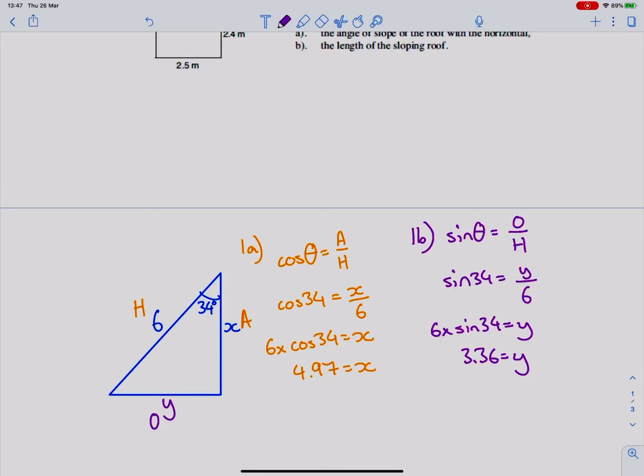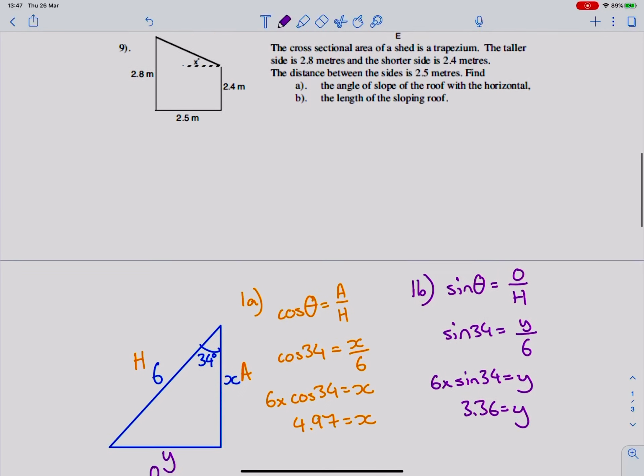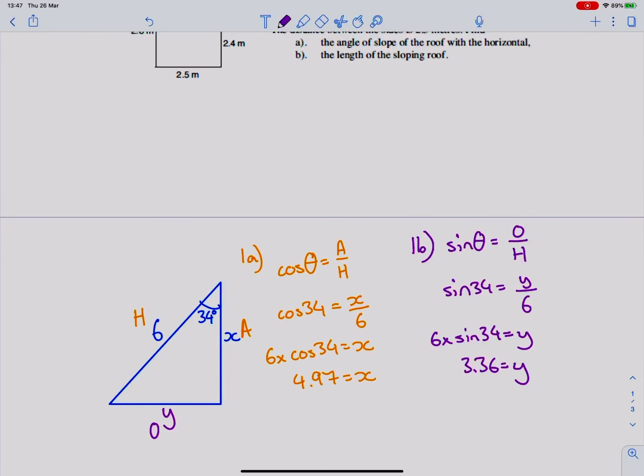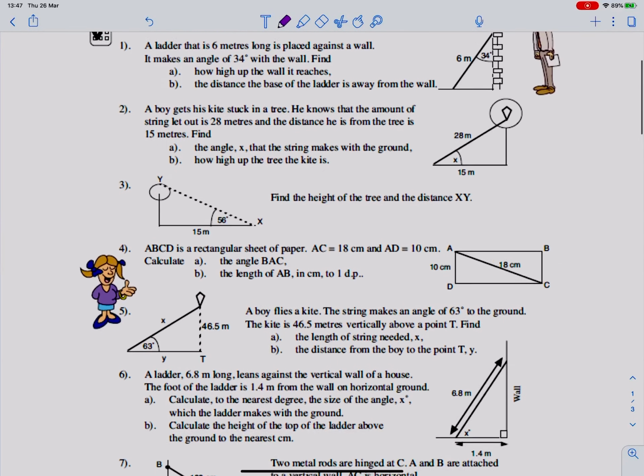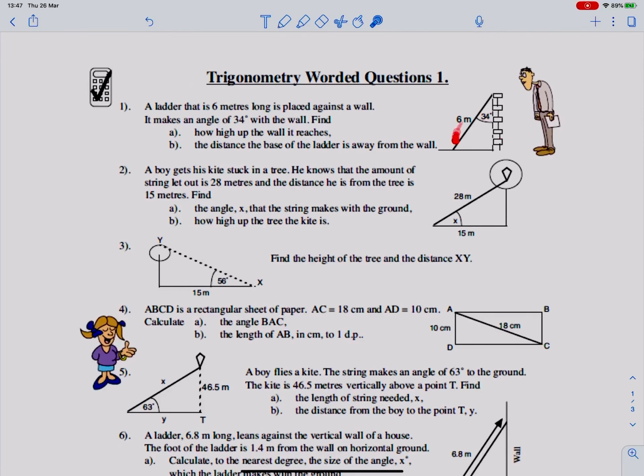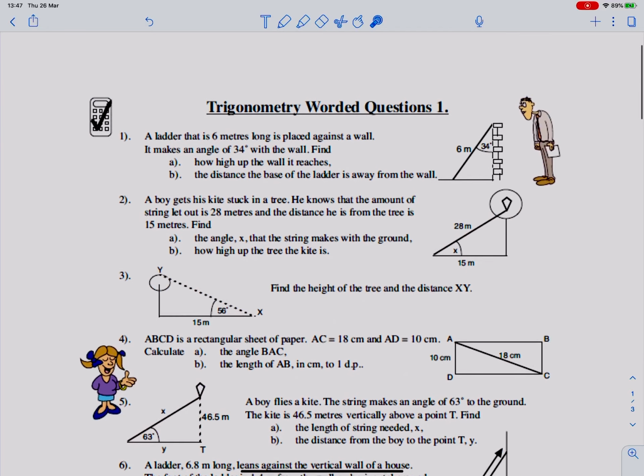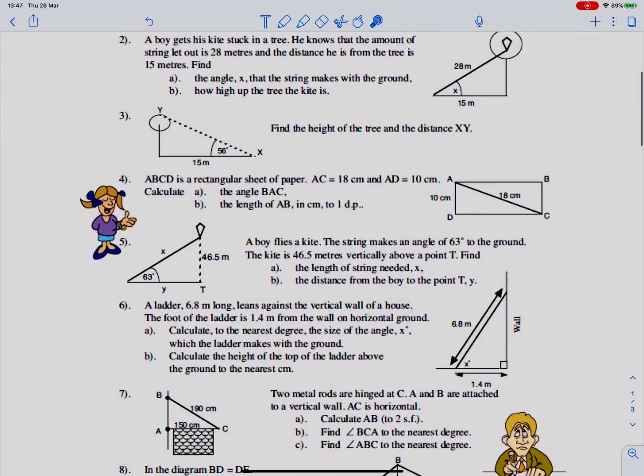So that's how you do question 1. Just try and draw out the triangle if you want to, because it's quite small up here. It's quite small to label anything. So maybe use a scrap piece of paper to draw out just a triangle.